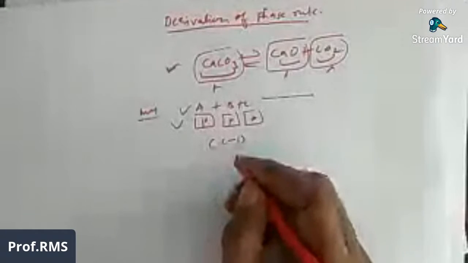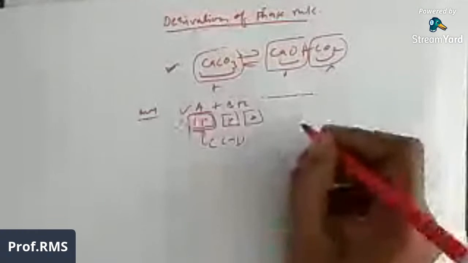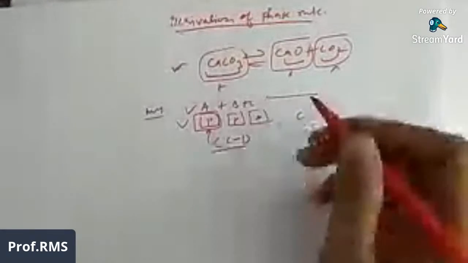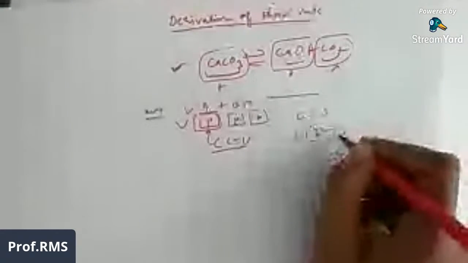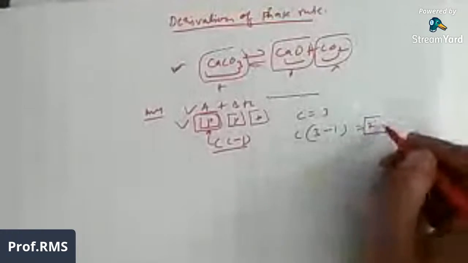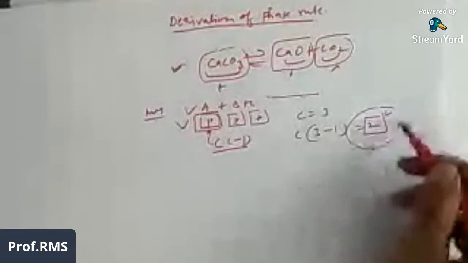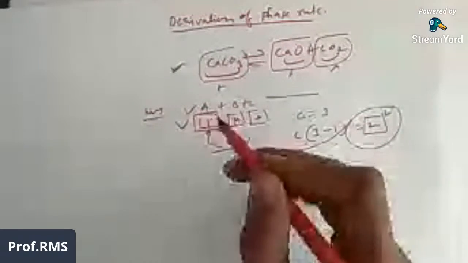Suppose we want to determine the composition of each phase in a three component system. The number of components is three. So the number of concentrations needed is simply 3 minus 1, that is 2. So two concentrations are required to determine each phase of the system.